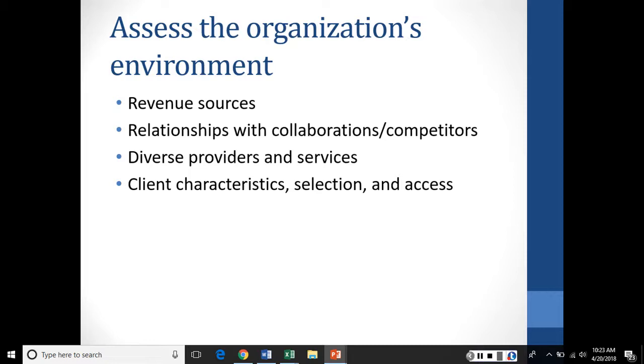It's also important that, along with having diverse revenue sources, we have diverse providers and services. If we think about diverse providers, it's important that our providers look like our clients with regards to, specifically, gender and race, sometimes age, but if we're working with kids, that doesn't mean that our providers should be children as well.